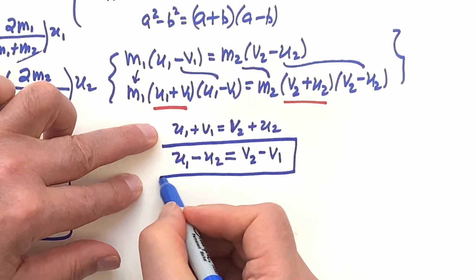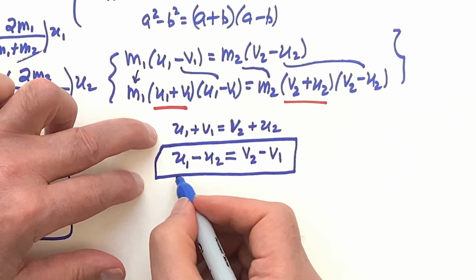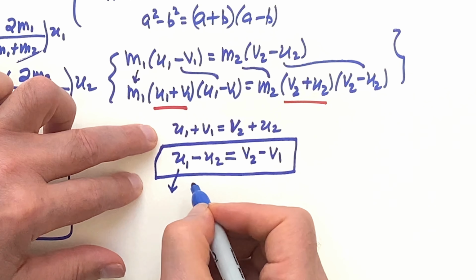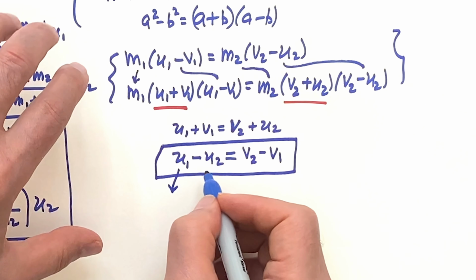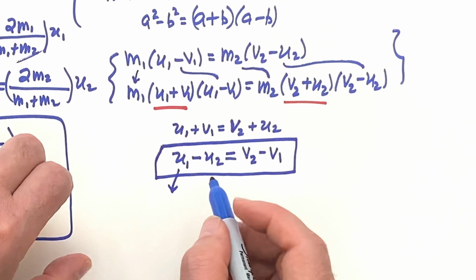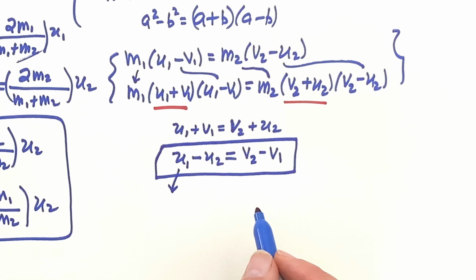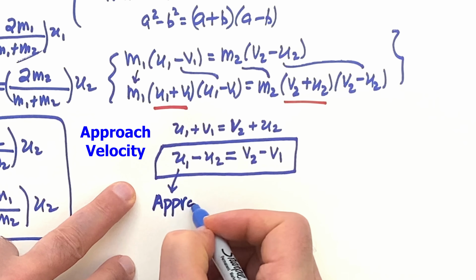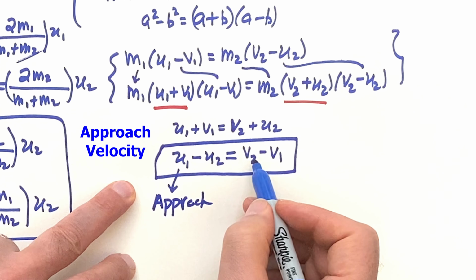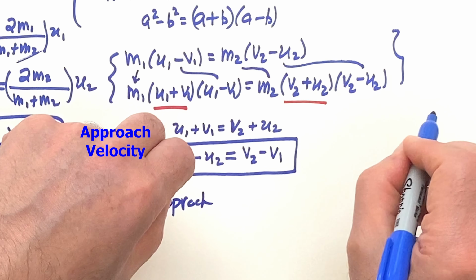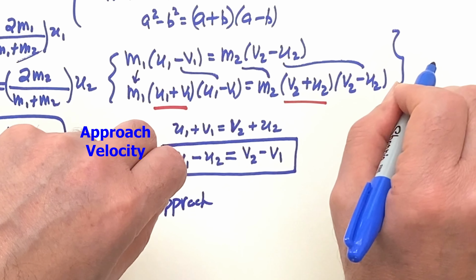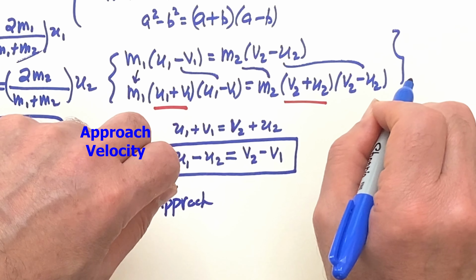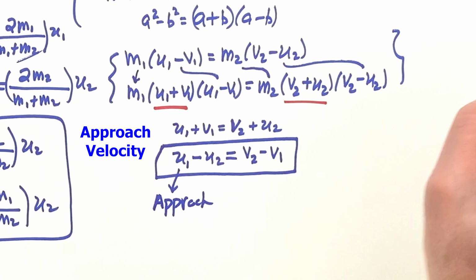But this profound equation, here I'm moving to the right in general, and this is moving to the right. This is my approach velocity. But see, here's V2. After the collision, V2 is taken off, and then I subtract my speed. That's our separation.